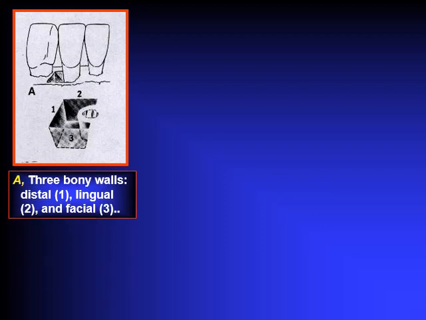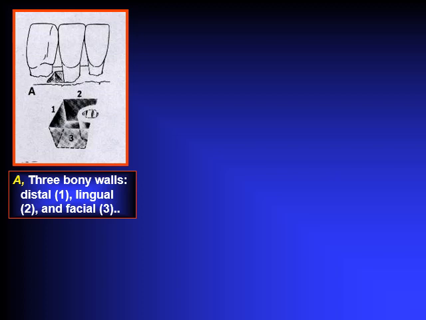What we see here in the left slide, we see three bony walls. What are these three bony walls? This is the distal wall, number 1, this is the lingual wall, number 2, this is the facial wall, number 3, but the mesial wall is completely destroyed. So this is a three wall angular defect.